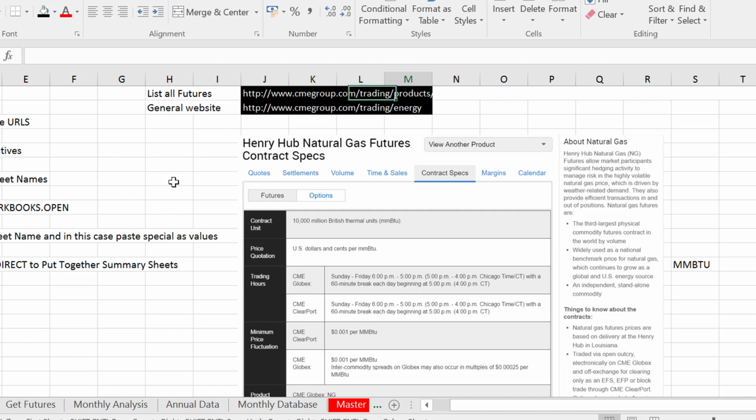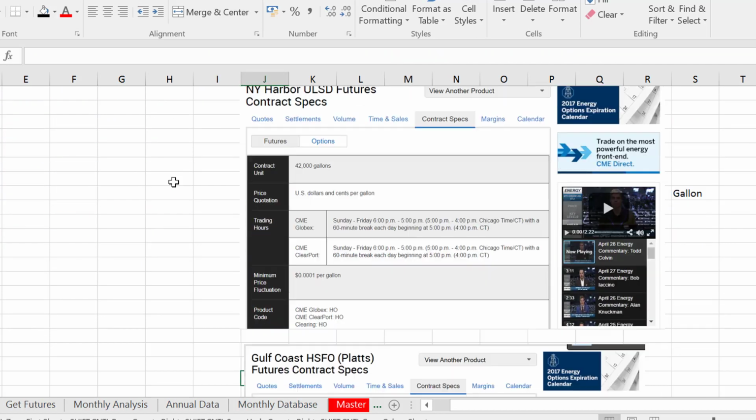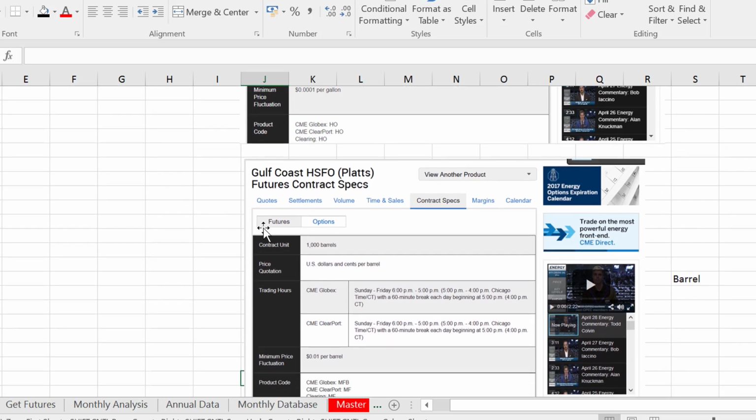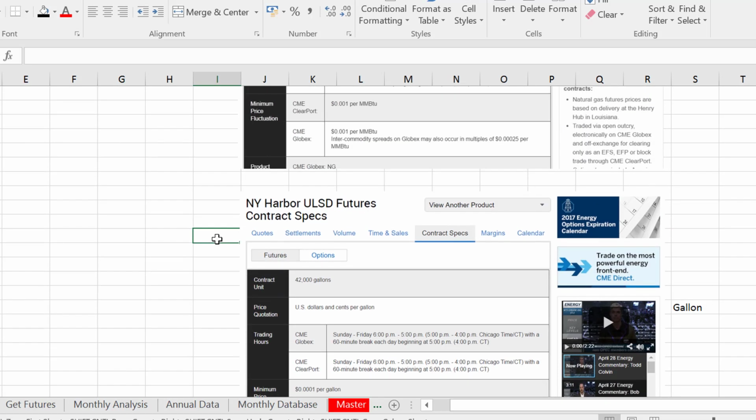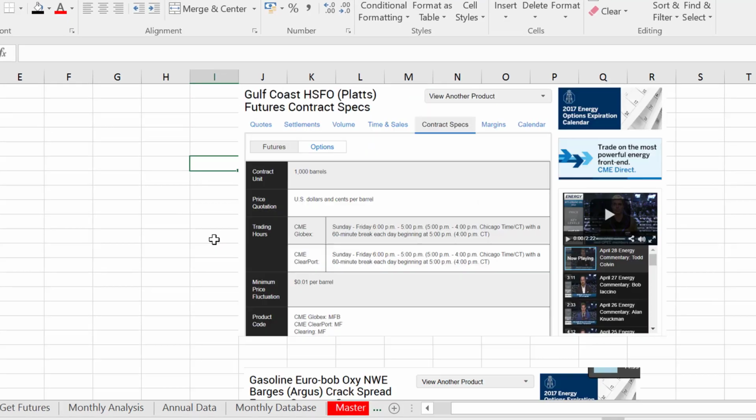This is our website. Sorry about, kind of just making it so you can see it. And this is the general website. This is where you can get a list of all the futures. And then what I did in this page, because you really need to know if it is in US cents per barrel or per gallon or per MMBTU.